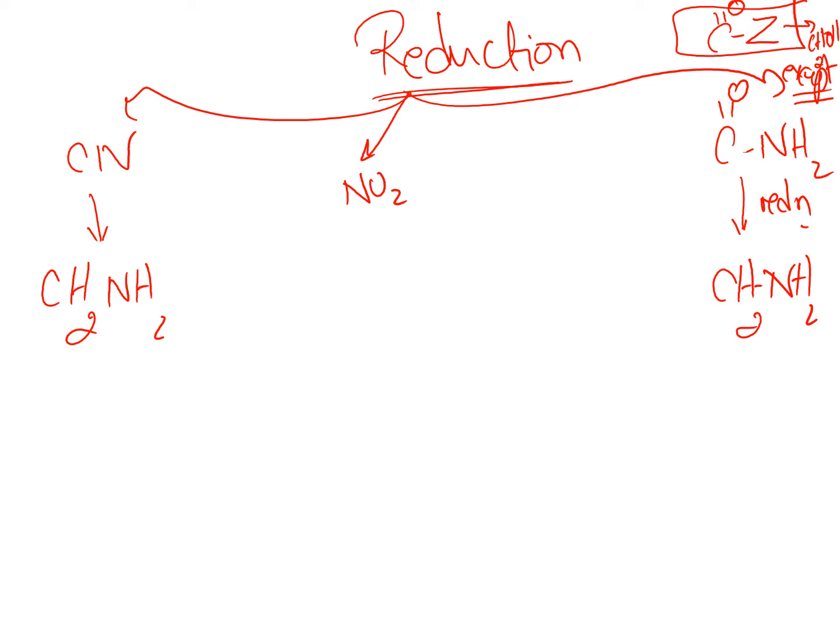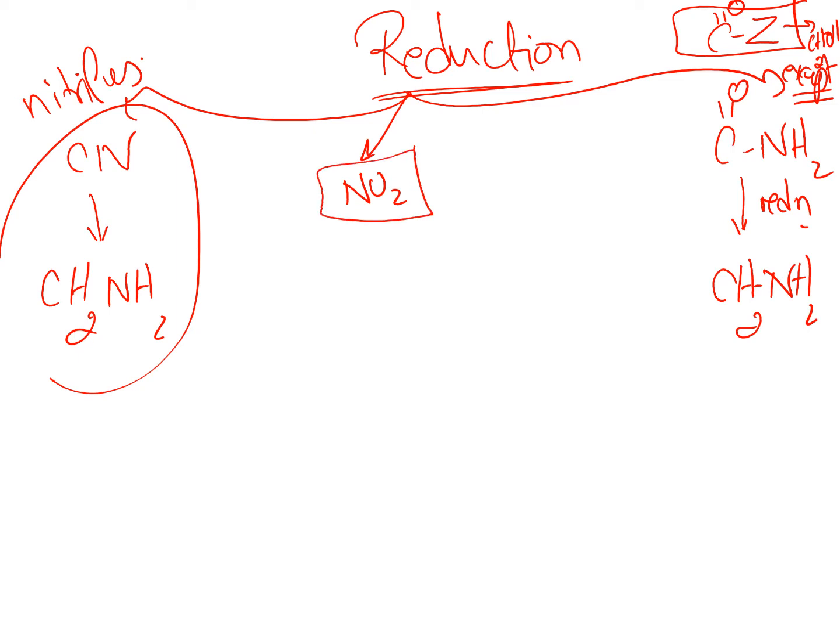Okay, so this is one method. The second, as we mentioned, is the reduction of the nitriles or the cyano groups, where you reduce cyano, giving a primary amine. Finally, we have the nitro group. As we mentioned in part 1 of nitrogenous compounds, nitro groups can be reduced by several techniques.